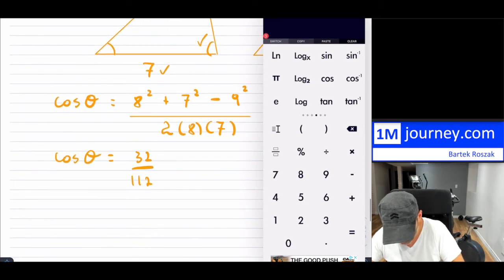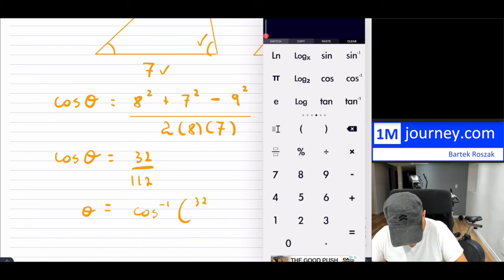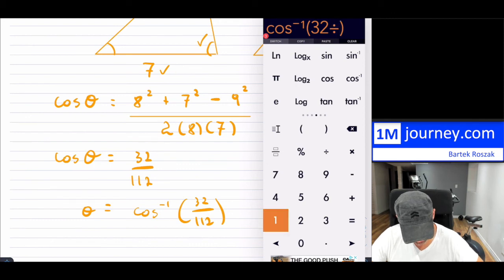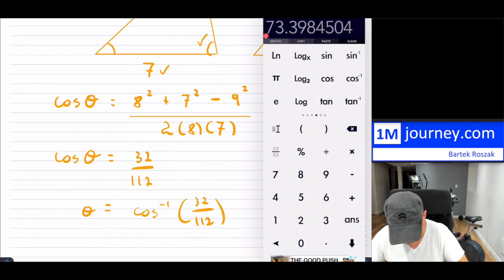So theta is cos inverse of 32 over 112, which equals approximately 73.4 degrees. All right, so that's one.